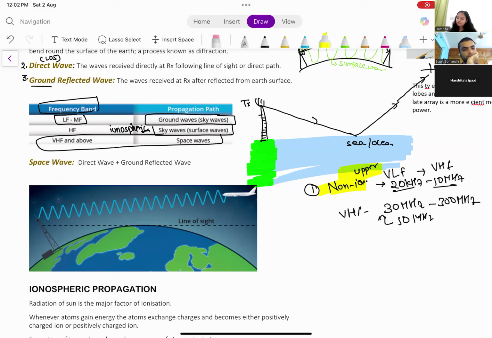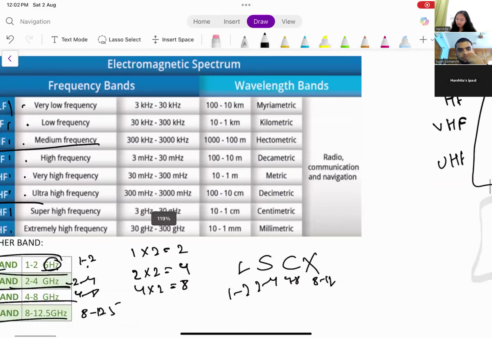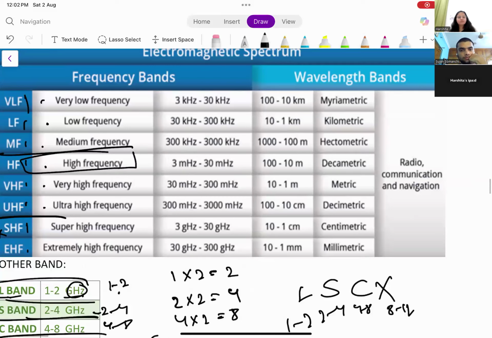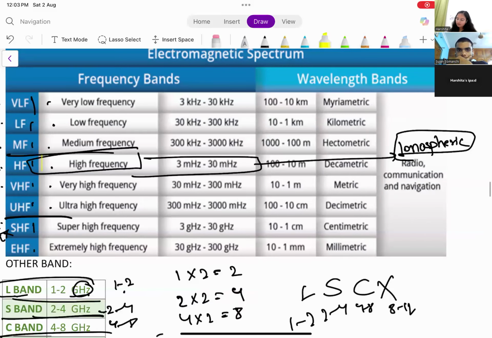But in between, we have a frequency band known as the HF band. This band is used for ionospheric propagation. This we will see later. Just to explain that table, the HF band uses ionospheric propagation.